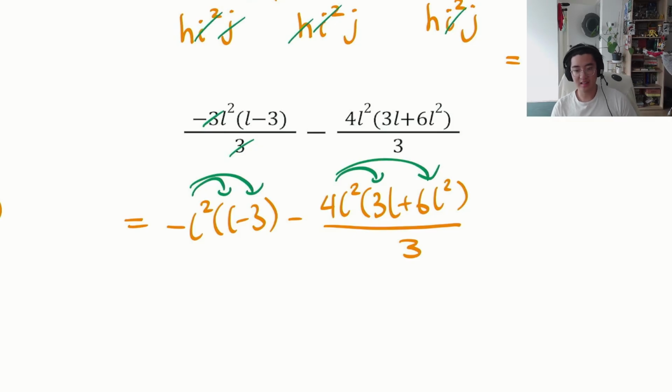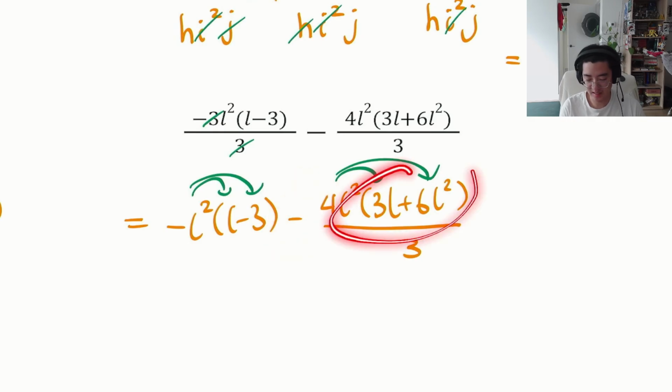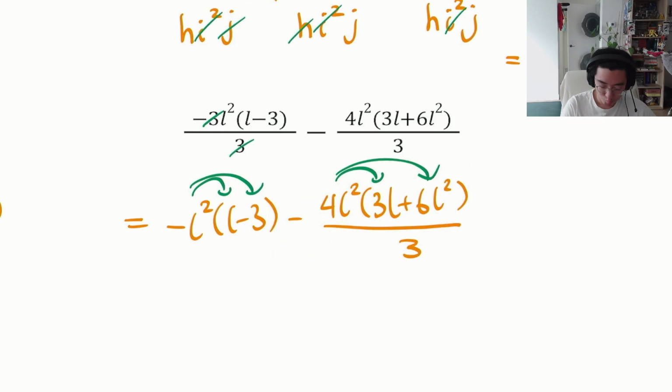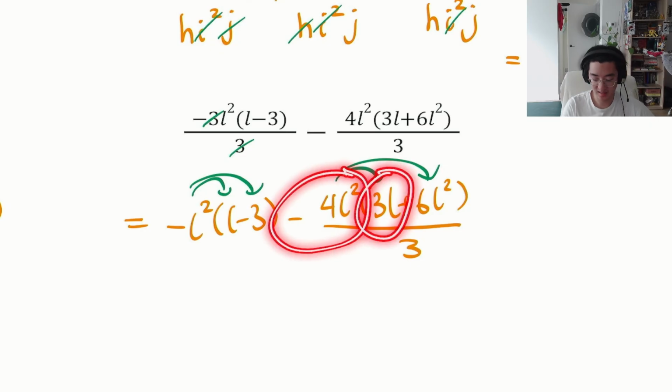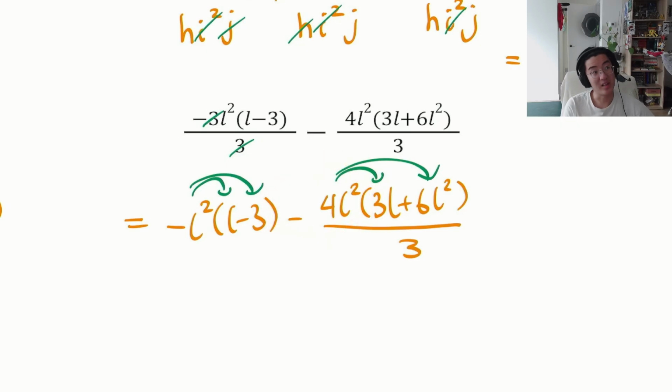But notice how we're actually multiplying, there's a minus here, and we have the brackets here. So we are multiplying this 3L by negative 4L squared, and this 6L squared we're multiplying by negative 4L squared. Remember, when we multiply this, we always check the sign in front of it.